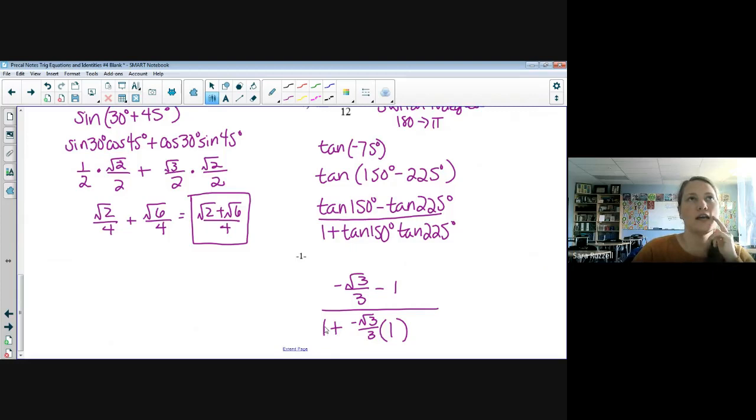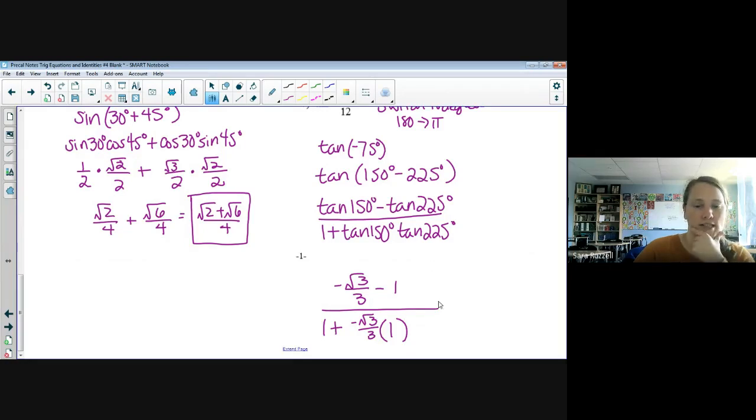Okay, and then in CUDA, because you know how they always simplify everything as much as possible, they would find common denominators with all of the stuff and cancel. But instead of spending the time doing that, because there's really no benefit for it, you're going to have a couple different answer choices. Put this answer in the calculator and get whatever the decimal is, and then see which one in CUDA matches that. Does that make sense?